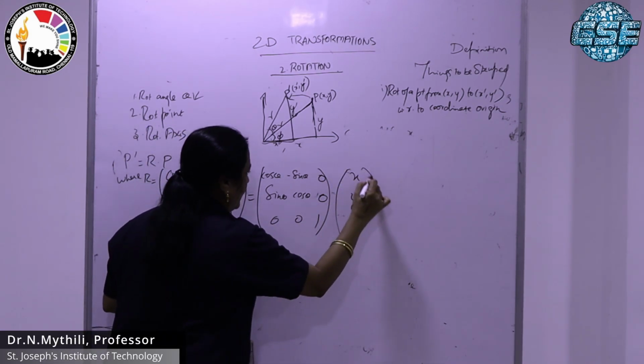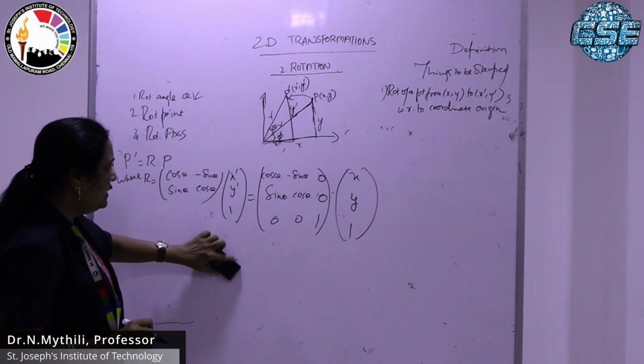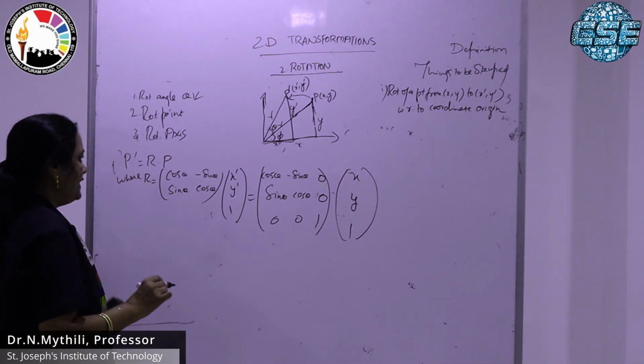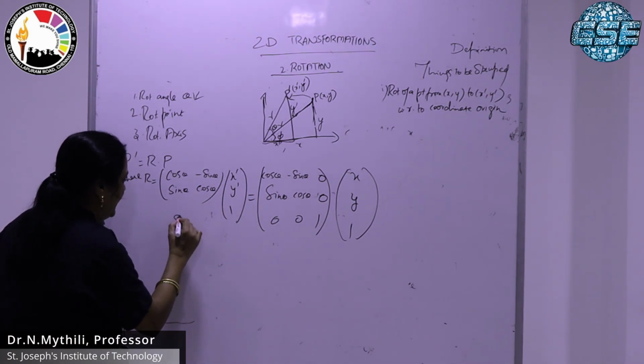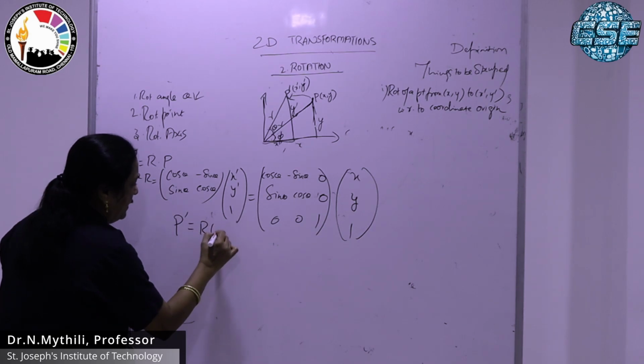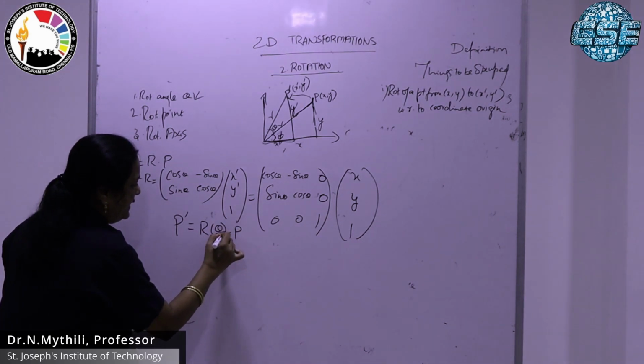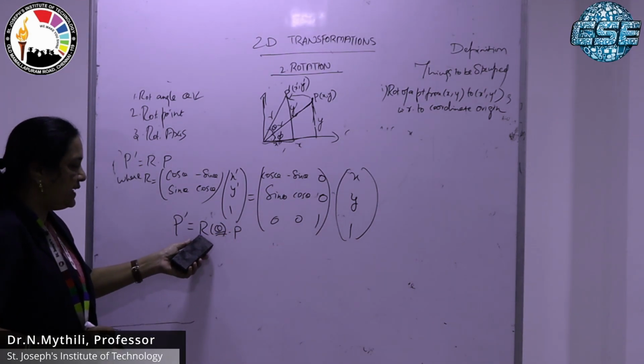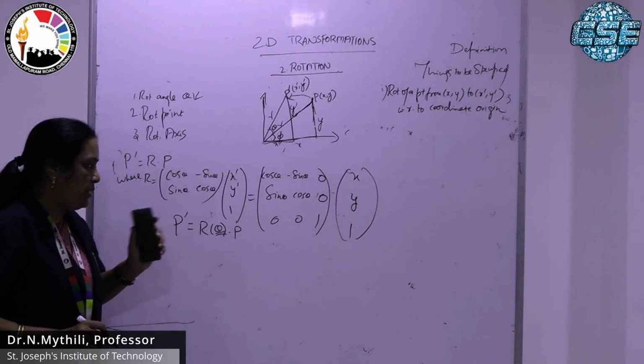Okay, right. So this is a matrix representation, and in the abbreviated form P dash is equal to R of theta into P, where theta is the rotation parameter and R of theta is the rotation transformation operator.